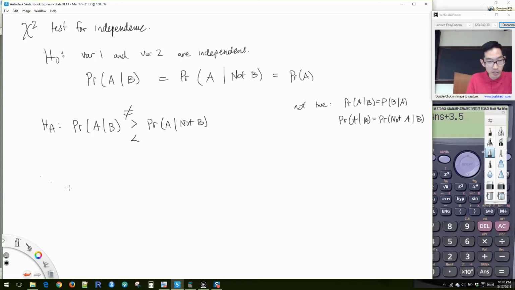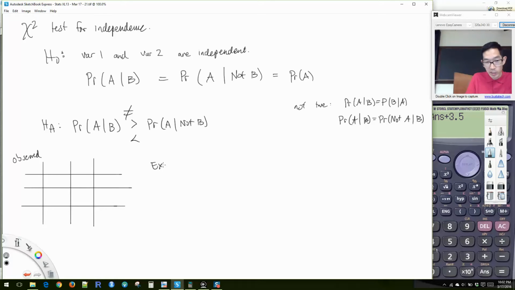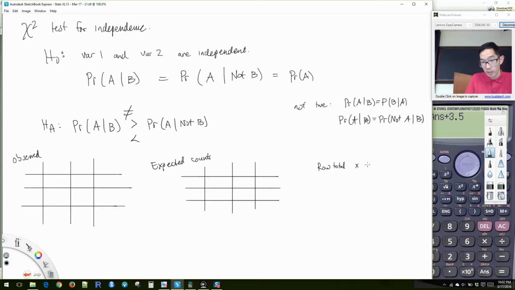Okay, and then you have your observed table. And then you create your expected counts if the null hypothesis were true. Basically the cells are row total times column total divided by grand total.